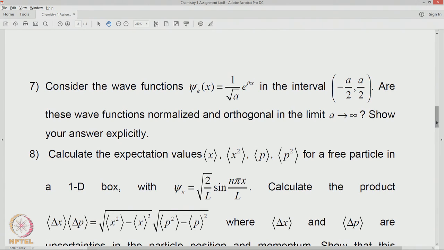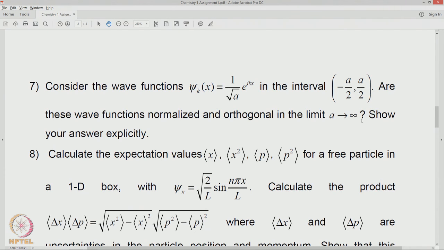The next problem asks us to find out whether the wave function given by this formula, psi k of x equal to 1 by root a e to the i k x in the interval minus a by 2 to plus a by 2, is normalized and orthogonal in the limit of a equal to infinity.